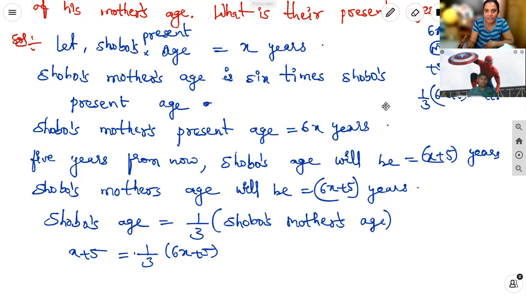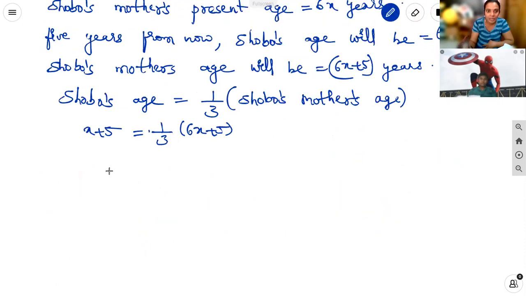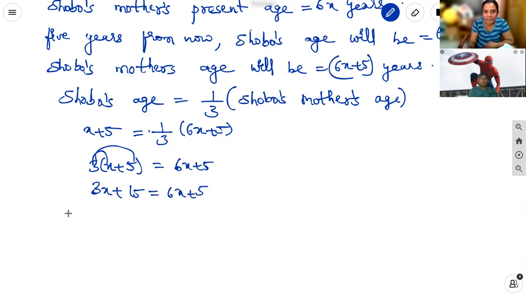Now simplify it. By cross multiplying, 3 into x plus 5 is equal to 6x plus 5. By the distribution law, 3 into x, 3x, plus 3 fives are 15, equal to 6x plus 5. Add minus 3x and minus 5 on both sides.